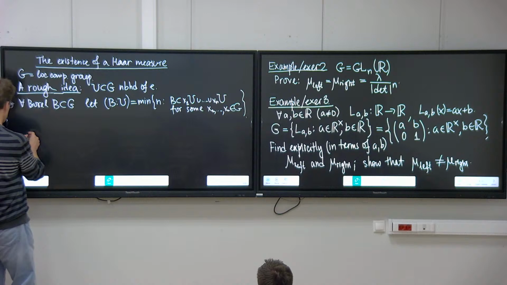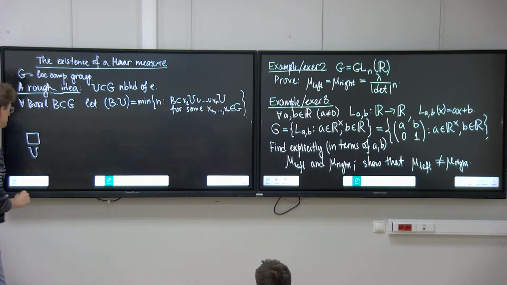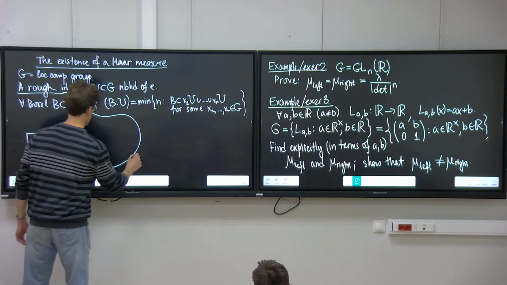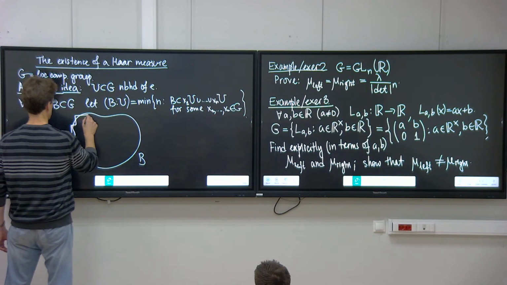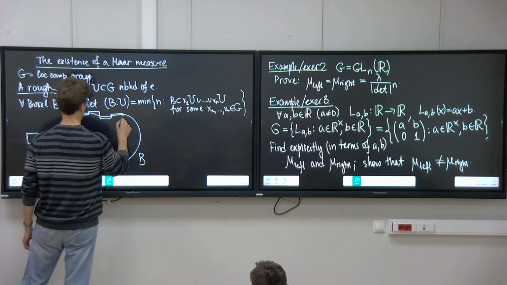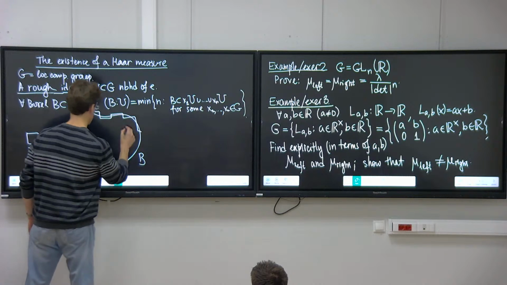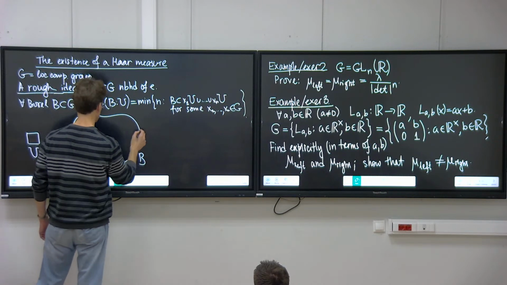Let's draw a picture which explains the geometric idea behind this construction. So this is U, and this is B. This is not good, because we assume that B is contained in the set.